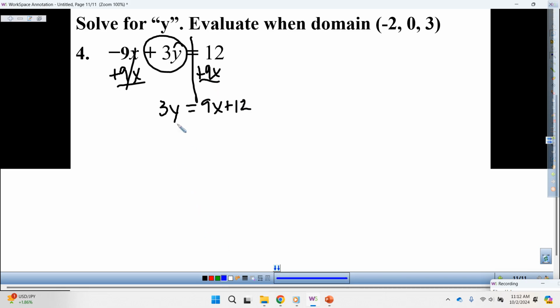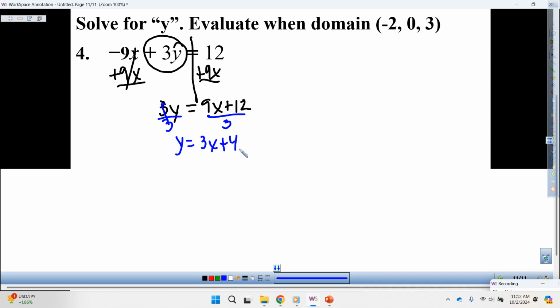And last but not least, divide by 3, divide by 3. Y equals 3x plus 4.